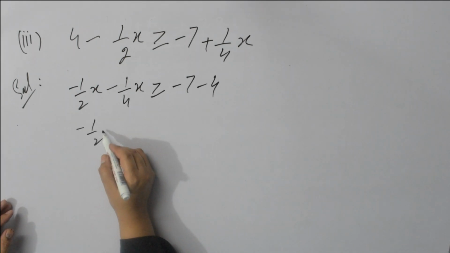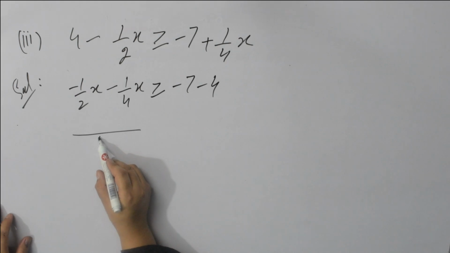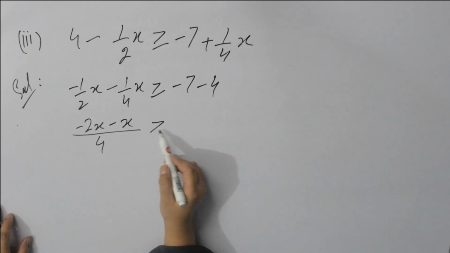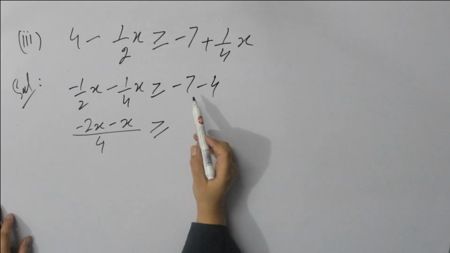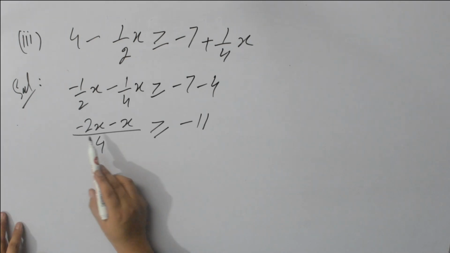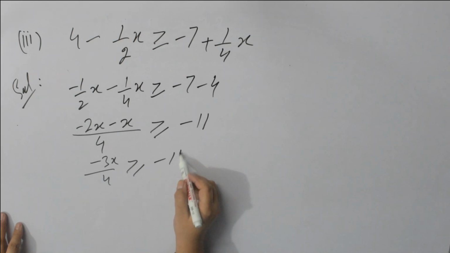So I'm taking the LCM over here. LCM is 4, so 4 minus 2x minus x is greater than or equal to -7 minus 4, which becomes -11. Then -3x by 4 is greater than or equal to -11.